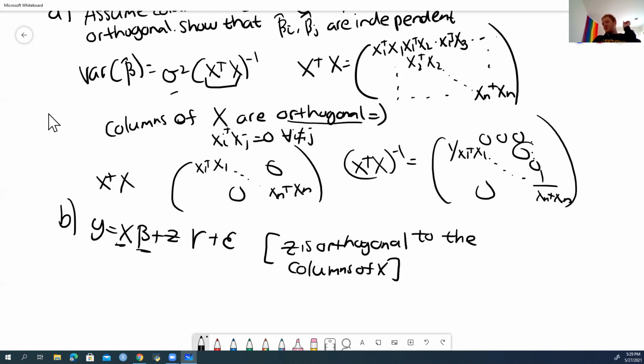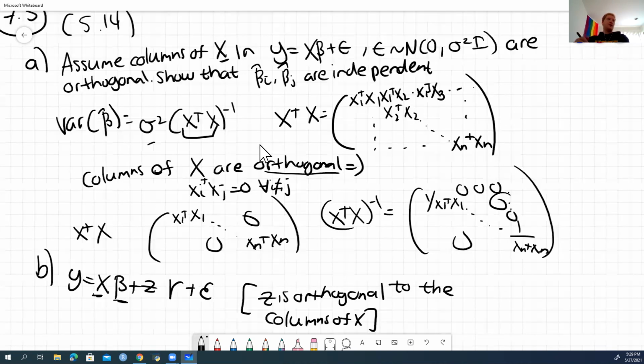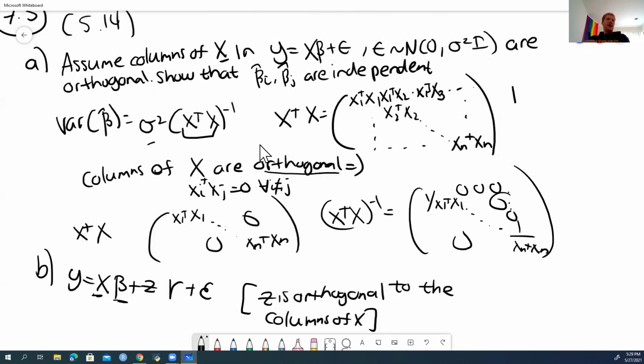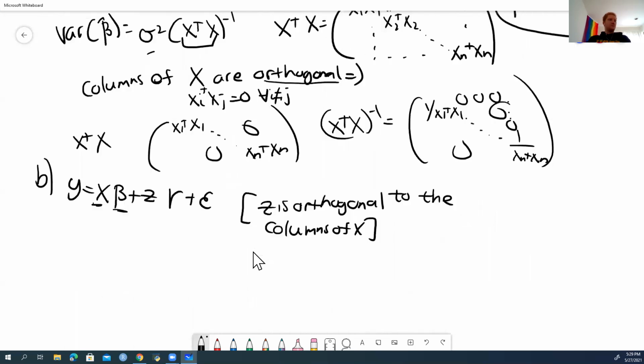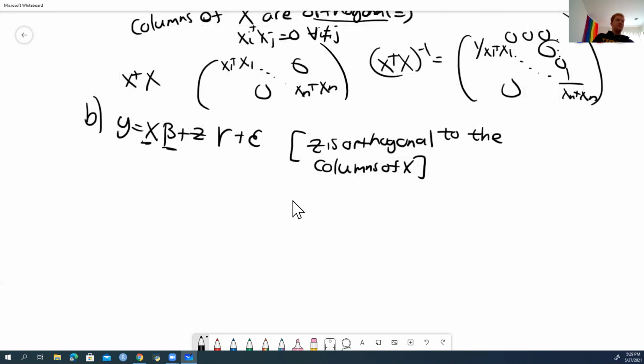Okay. So remember that in this expression up here, beta hat was equal to (x transpose x) inverse x transpose y. So this is what we want this new one to be. So to solve this, let's put these matrices together.